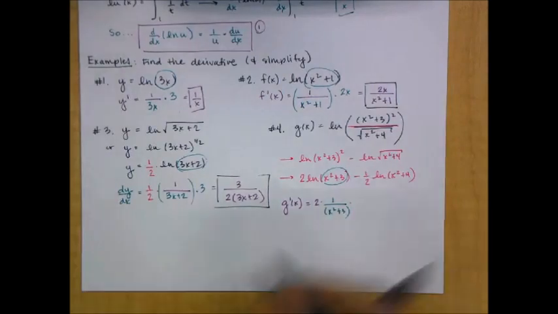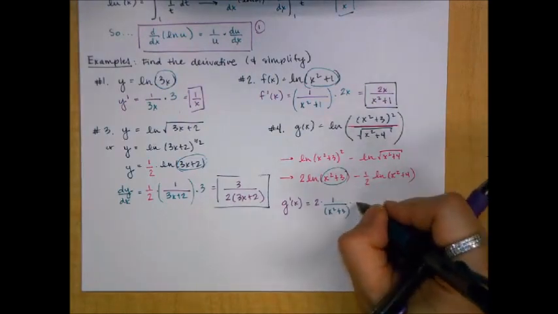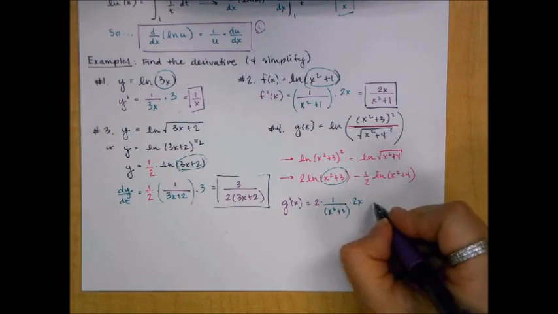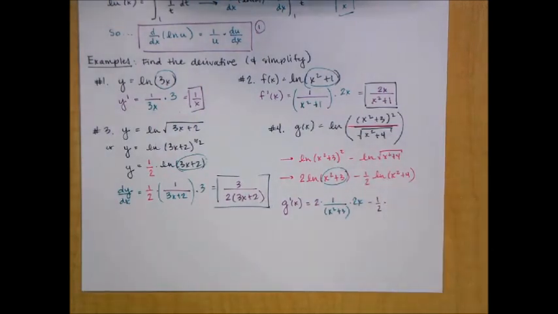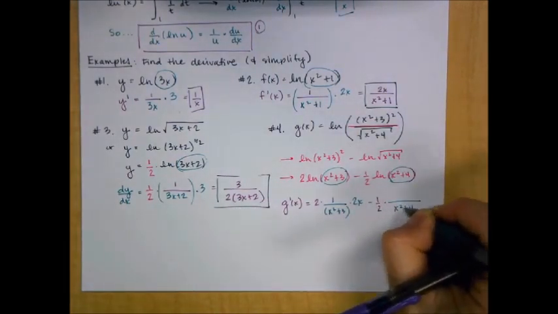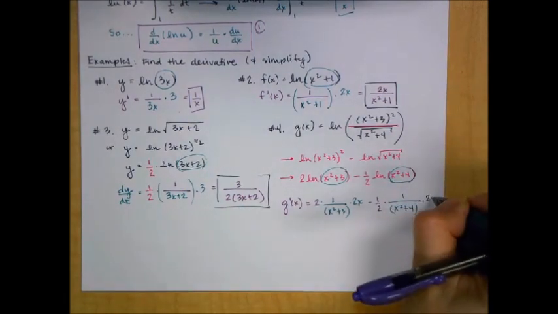So the derivative of x squared plus 3 is 2x. Okay, we do the next term, minus, keep the 1/2 coefficient, times the derivative of our natural log. We have 1 over x squared plus 4 times the derivative of x squared plus 4, which is 2x. So there's a little bit of reducing I can do here with the 2's.